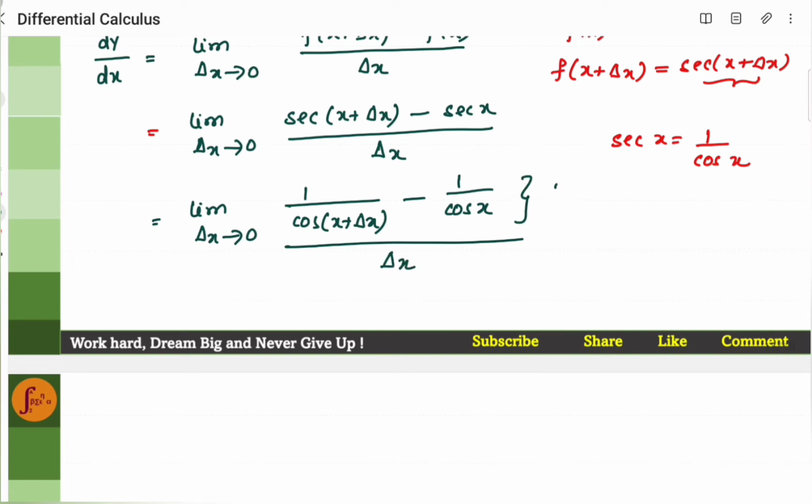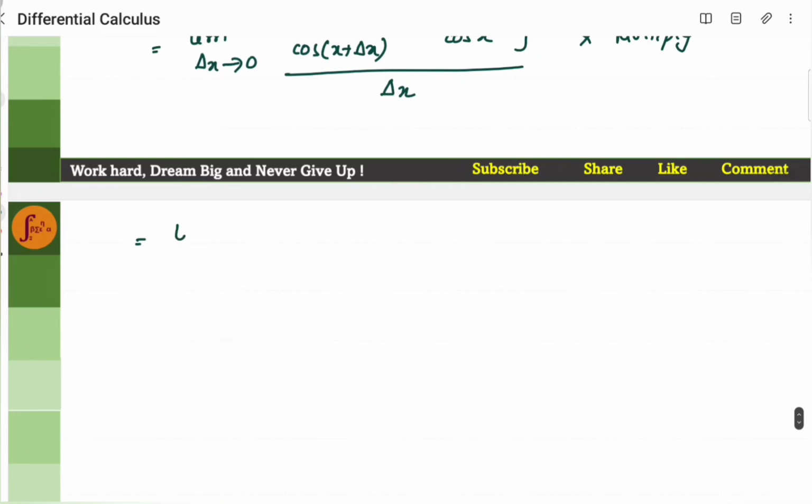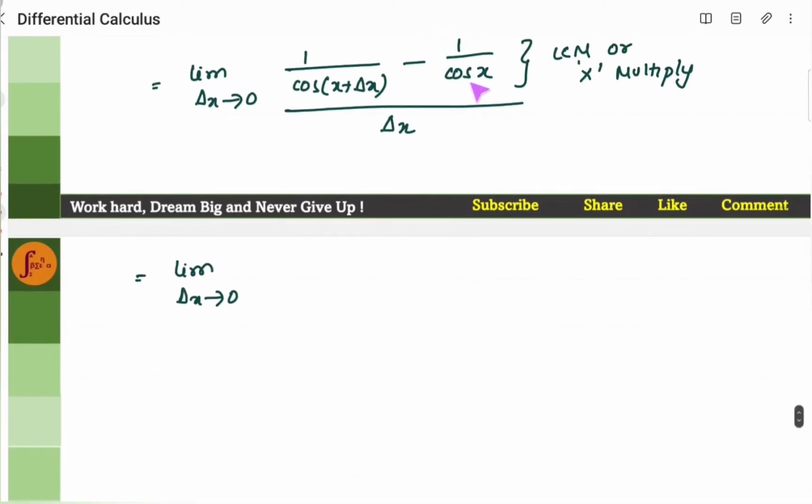Now I'll take LCM or cross multiply, right? So I'll get limit delta x tending to 0. If I take LCM, it will be cos of x plus delta x into cos x. Both these multiplied would be the LCM.